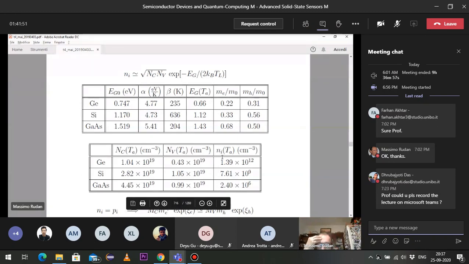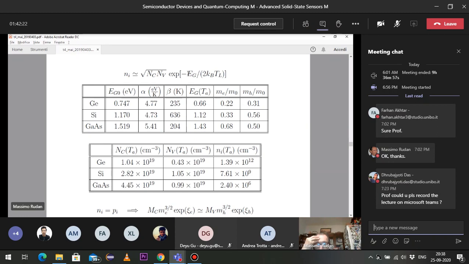So you see that the intrinsic concentration from germanium to silicon to gallium arsenide changes by several orders of magnitude, okay? Despite the fact that the coefficients, the effective density of states are similar, okay? Why is it so? The reason is in the gap. The three materials have a different gap, okay?